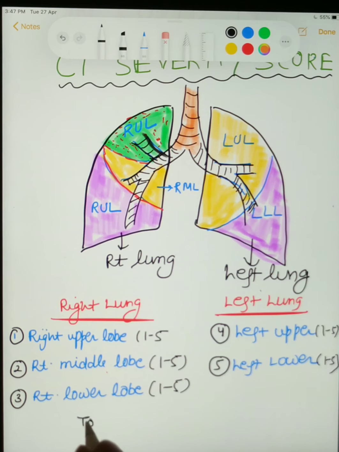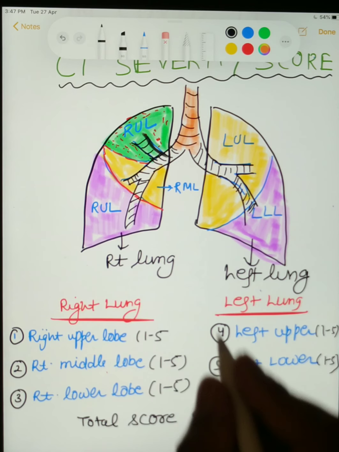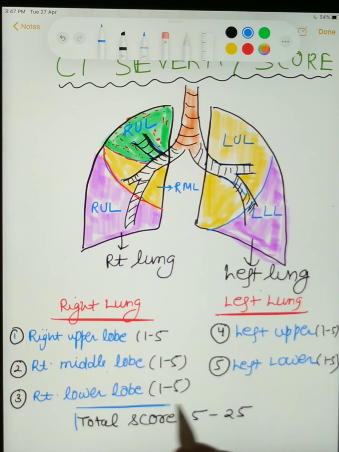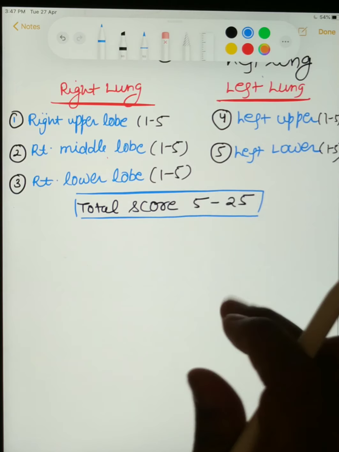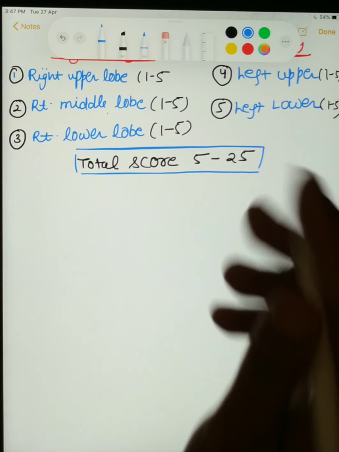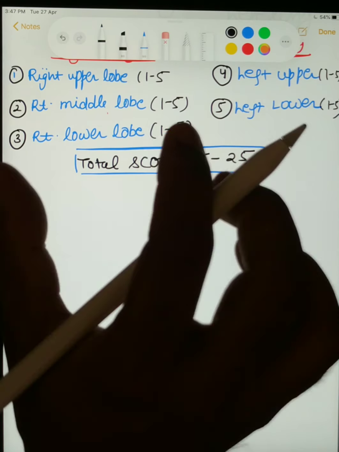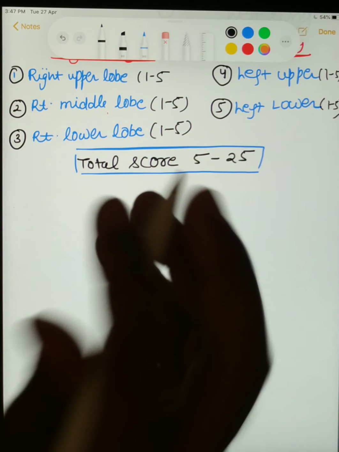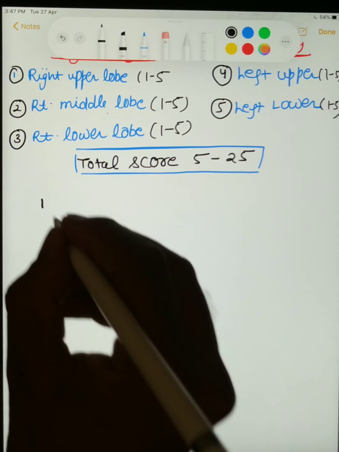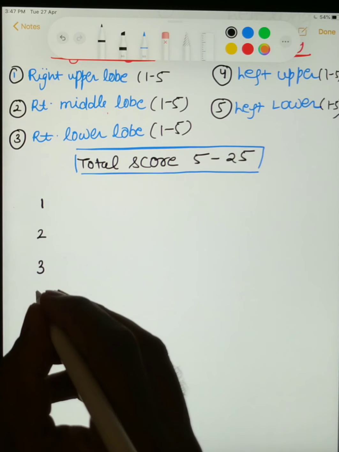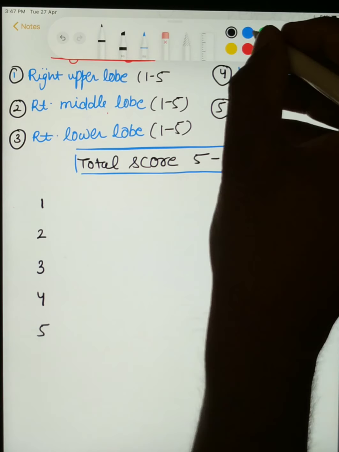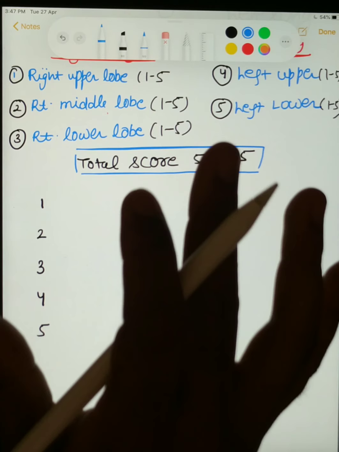Total score is minimum 5, maximum 25. If for a particular lobe, taking just the right upper lobe as an example, score is given 1, 2, 3, 4, 5.